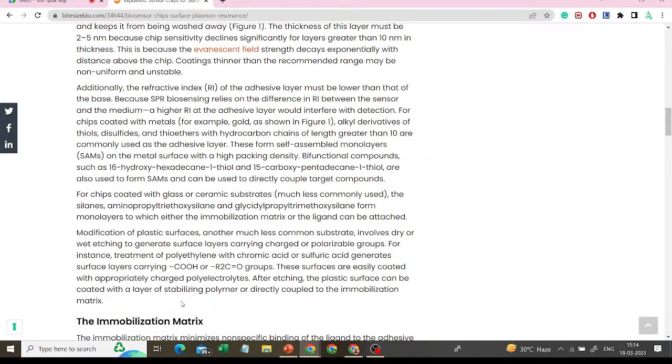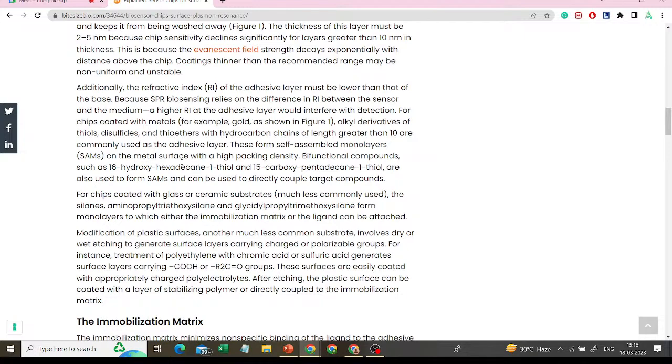For example, for chips coated with metals, alkyl derivatives of thiols, disulfides and thioethers with hydrocarbon chains of length greater than 10 are commonly used as the adhesive layer. These form self-assembled monolayers on the metal surface with high stability.